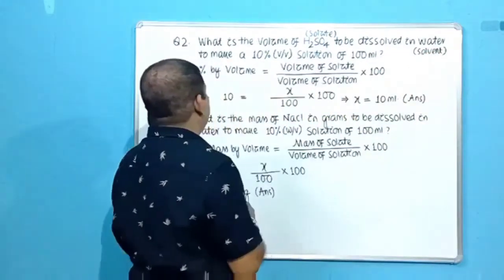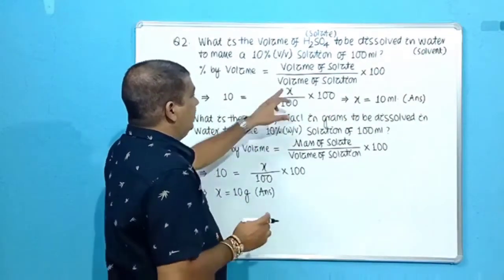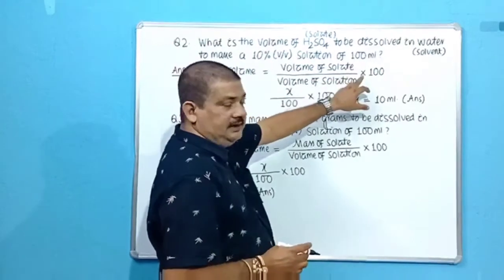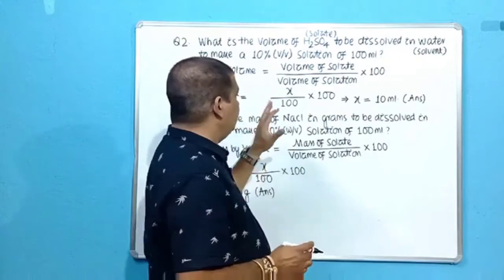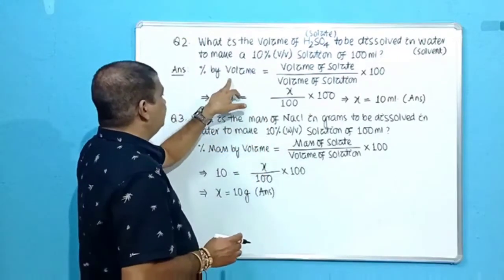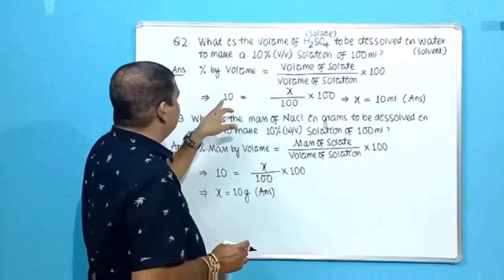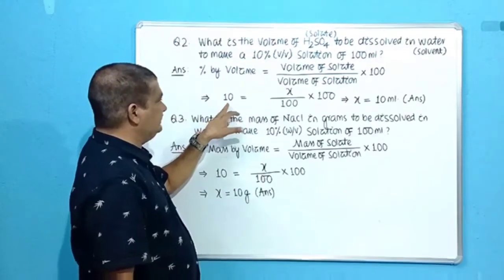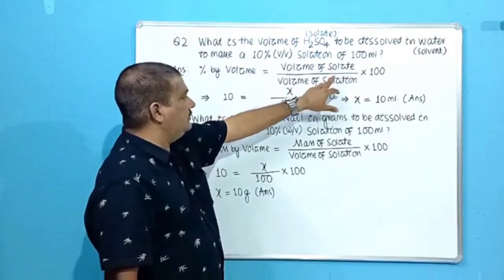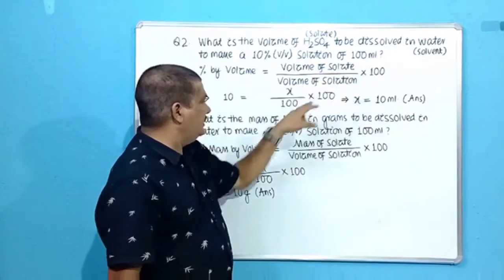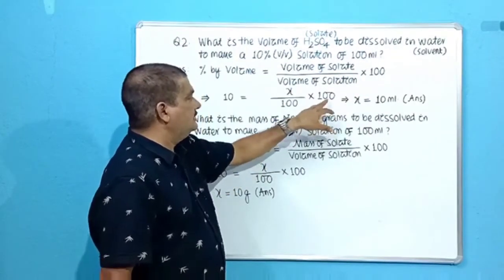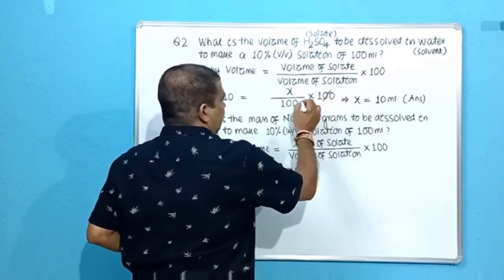So what is the formula to find out percent by volume? Now volume of the solute in milliliter divided by volume of the solution in milliliter into 100. So percent volume is given to be 10%. Let the volume of solute in milliliter be X. Volume of solution given 100 milliliter into 100. So 100 will cancel out.